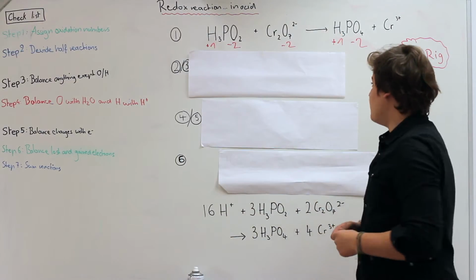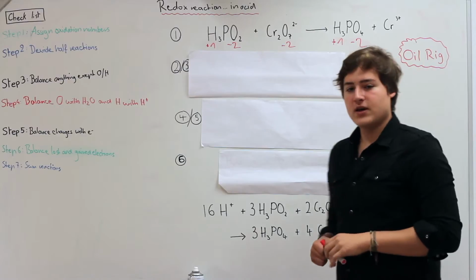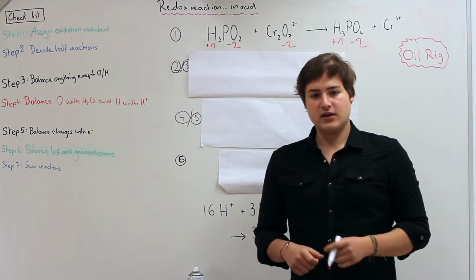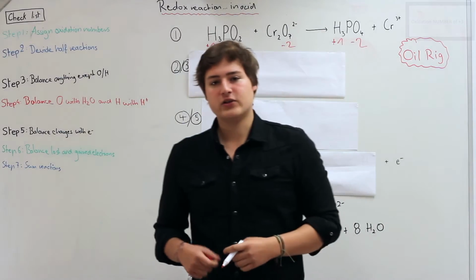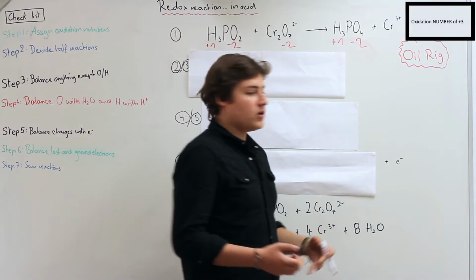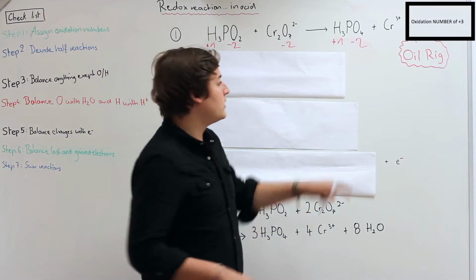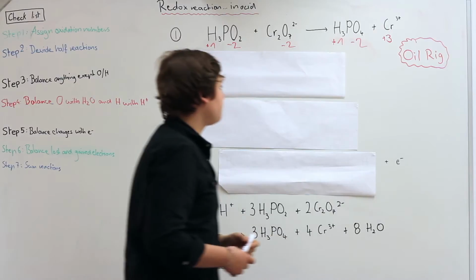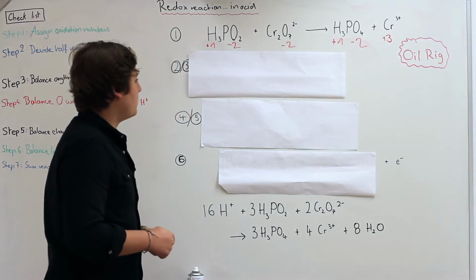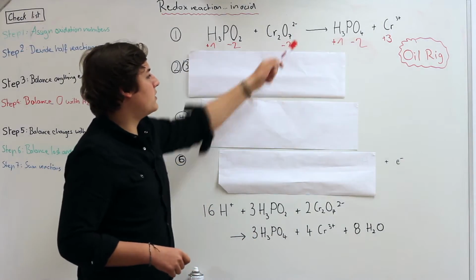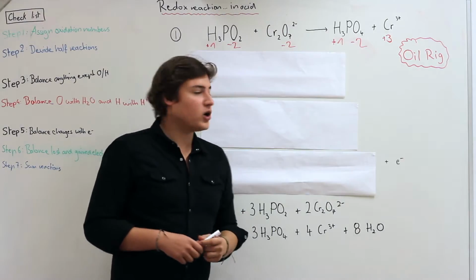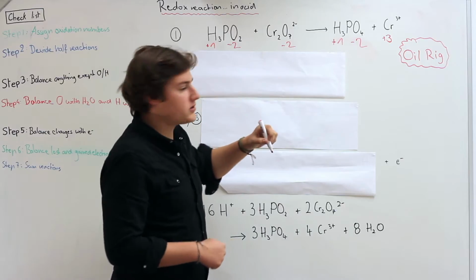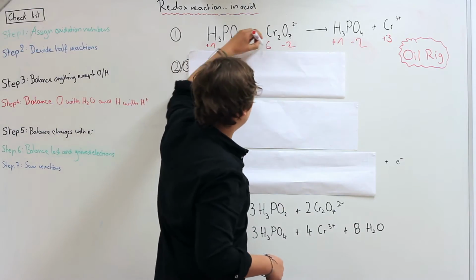Since the rules of the oxidation number state that standing-alone atoms have an oxidation state of 0 or the oxidation state of the ion, this chromium has an oxidation state of +3. Now, if you multiply these numbers by the number of oxygen or hydrogen atoms, you'll find the following oxidation numbers for chromium and phosphorus.